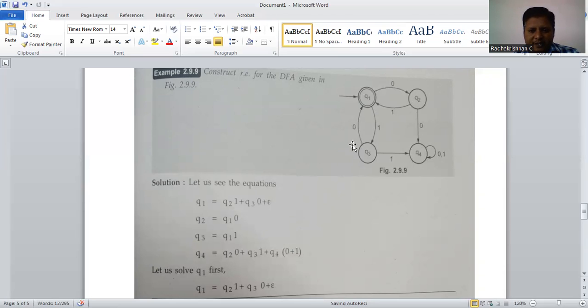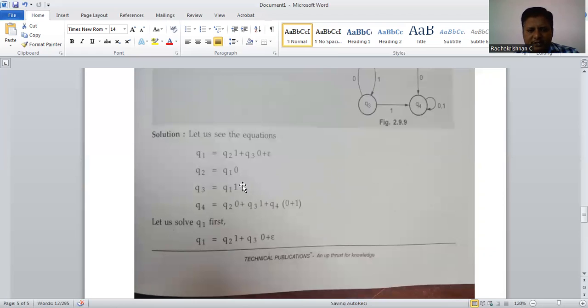The output will be presented in the final state, so if the corresponding state equation Q1 is evaluated, we will get the final answer. Q1 requires Q2 1 plus Q3 0 plus epsilon. This is the state equation we will consider. We solve the Q2 equation and the Q3 value, and we will get the final answer.